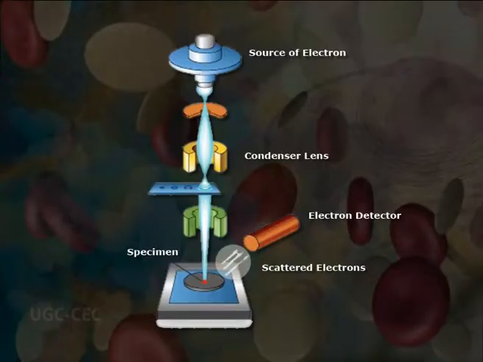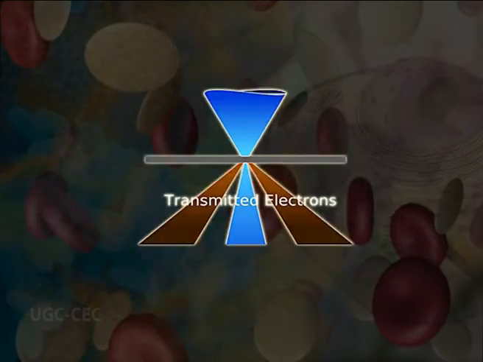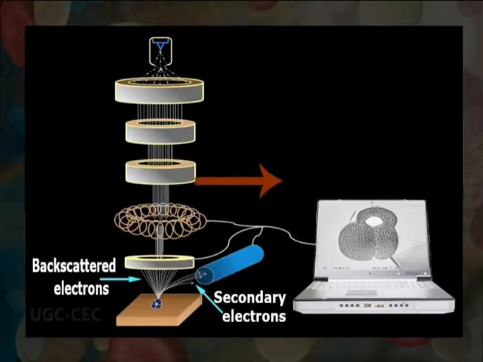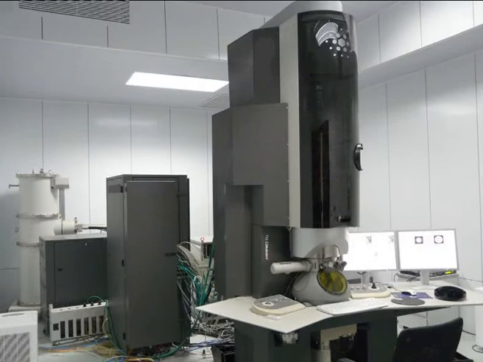The method used in SEM is based on scattered electrons, while TEM is based on transmitted electrons. The scattered electrons in SEM are classified as backscattered or secondary electrons, while there is no such classification of electrons in TEM.